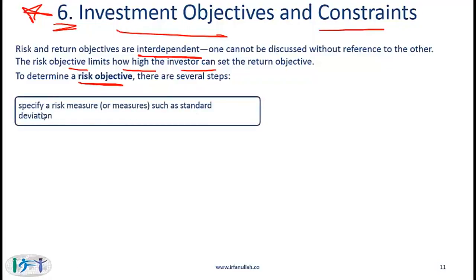The first is to specify a risk measure such as standard deviation. So you might say that with our portfolio, the risk measure is the standard deviation of the portfolio. You might say that the risk measure is something called value at risk, which we just refer to at level 2. At level 3, we go into the details of value at risk.